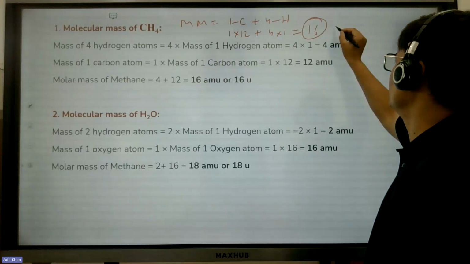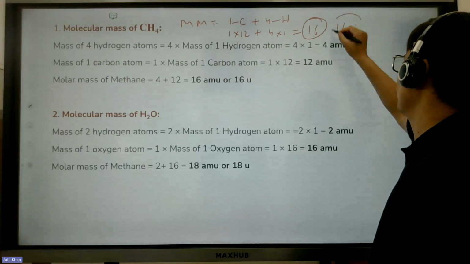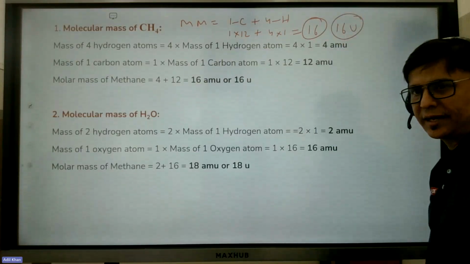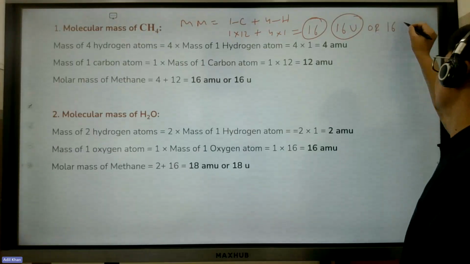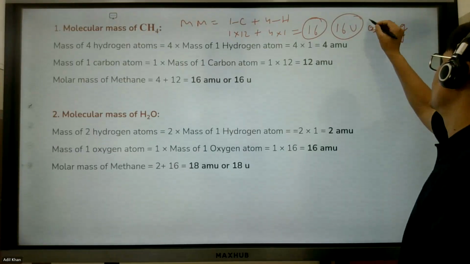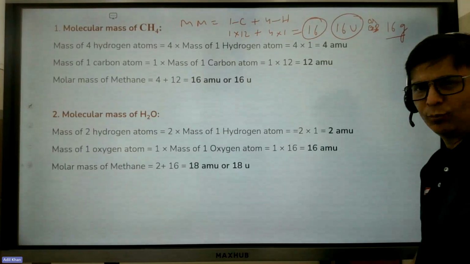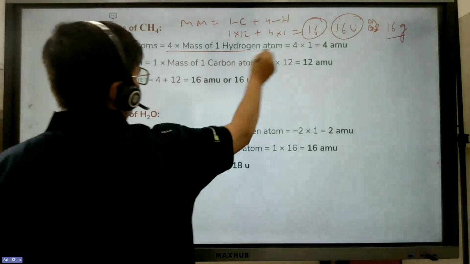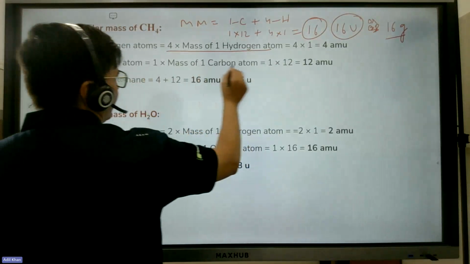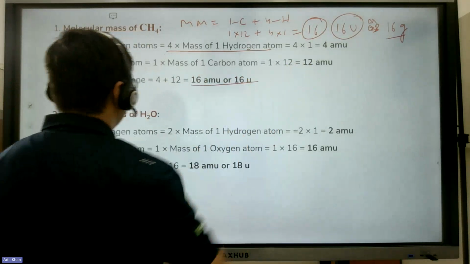So 16 U, unified mass, I can refer. If I am taking gram molecular mass, then it will be written as 16 gram. 16 U or 16 gram, both are acceptable for you. You can see here, mass of 4 hydrogen, so 4 into 1, 4 AMU. Mass of 1 carbon is 12. When you add up, it is 16.